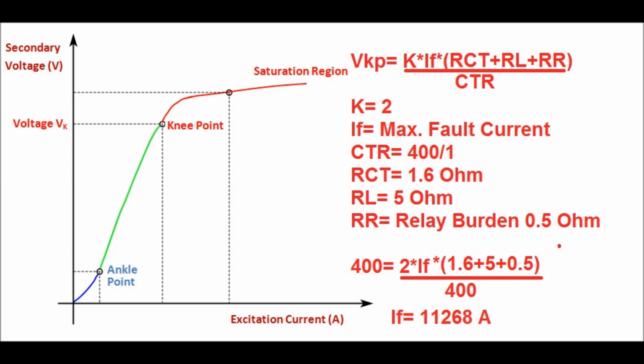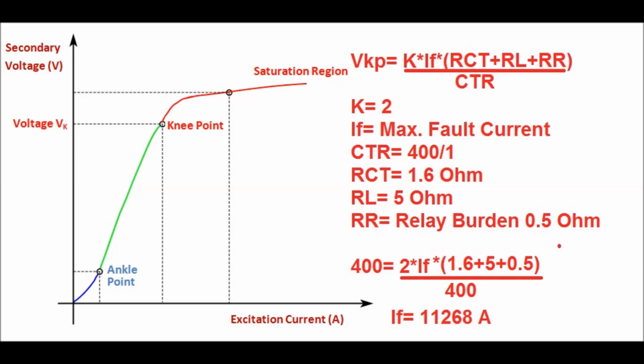So if knee point voltage is 400 volt, now we can calculate the maximum fault current up to which the CT will not saturate. That is, 400 equals 2 into IF into (1.6 plus 5 plus 0.5) divided by 400. So IF comes as 11,268 ampere.